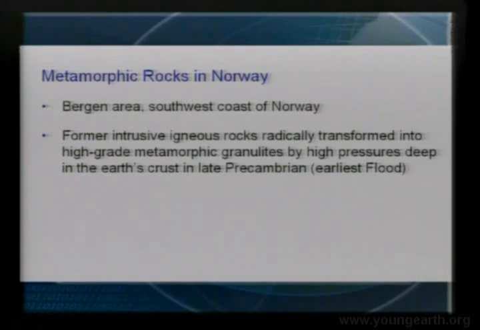These are former magma rocks, we call them igneous rocks, that are similar to granites, that had been metamorphosed at depth inside the earth to a high grade, that is high temperature, high pressure metamorphic rock called a granulite, early in the flood.